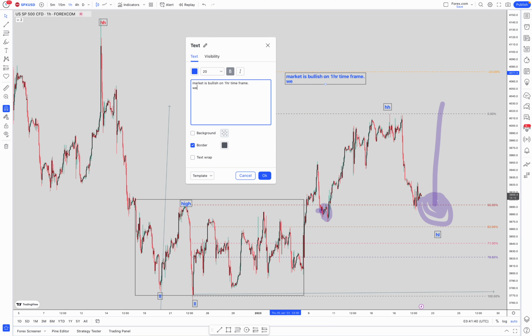We recently broke out of consolidation and we are likely to create a higher low.